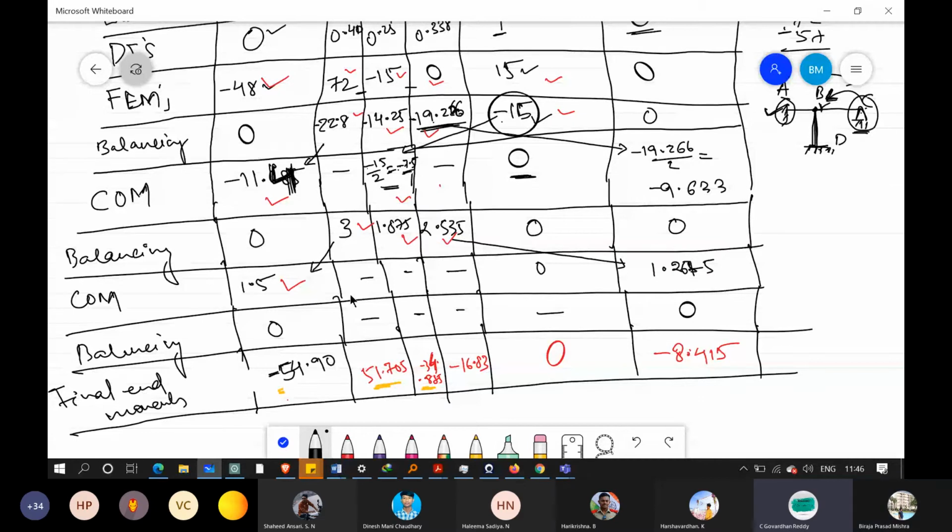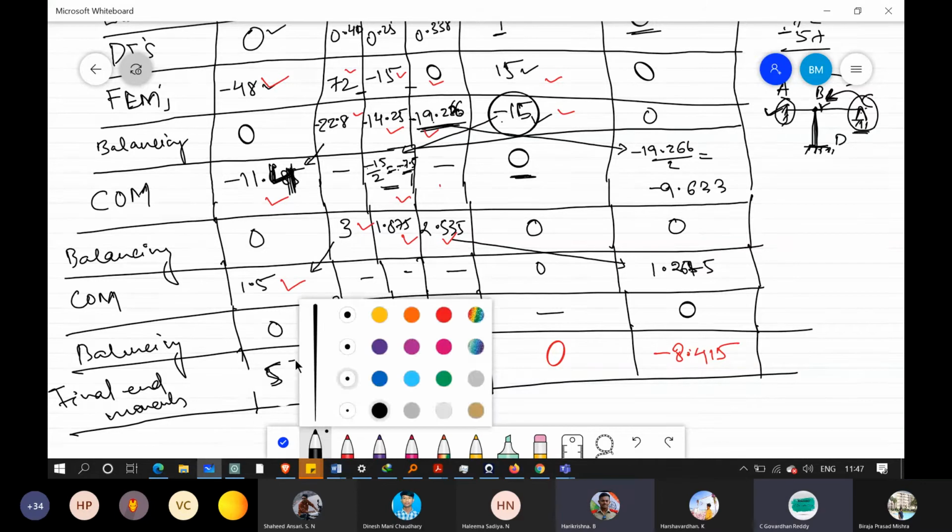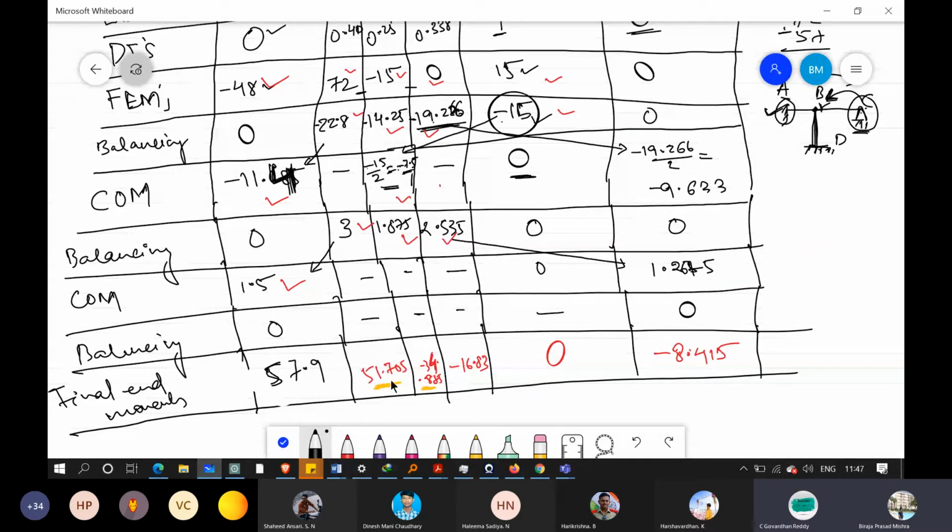Okay, next one. 57.9, sir. I calculated once. AB is 57.9. Okay, any others? Please tell me the values. Govardhan is saying 57.9. Yes, sir. Okay, next. What is the next value?